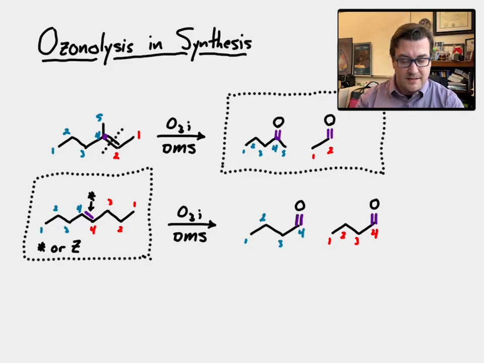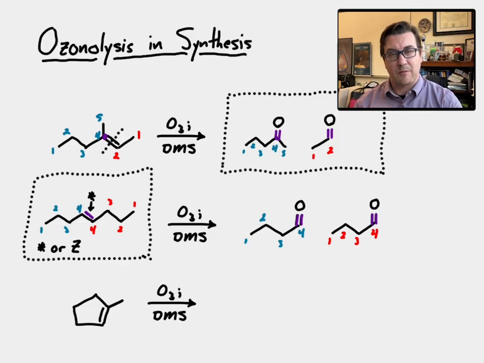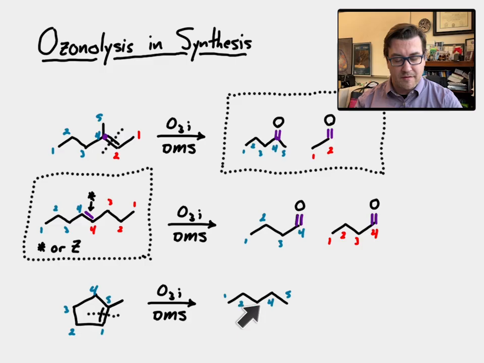Finally, another version that you might see is a cyclic alkene, and what happens with ozonolysis in this case. So again, we will draw a line through that alkene and count our carbons. So in this case, we have a 5-membered ring, so we have 5 carbon atoms here. Bound to carbon 1, there will be an oxygen, because again, that's where this double bond to the alkene was, and so that's now where the double bond to the oxygen is going to be.